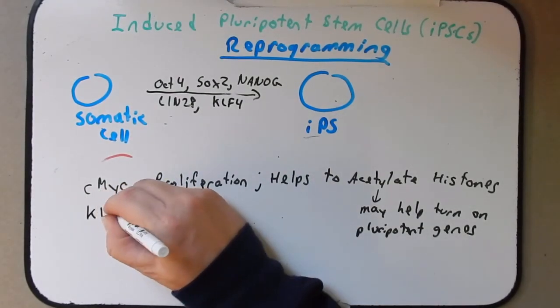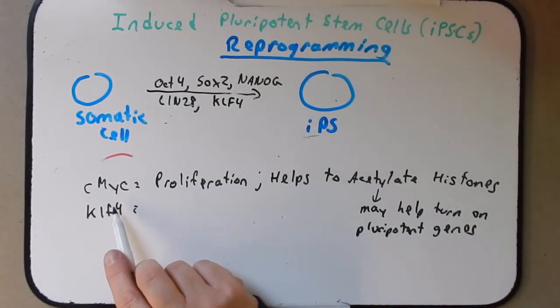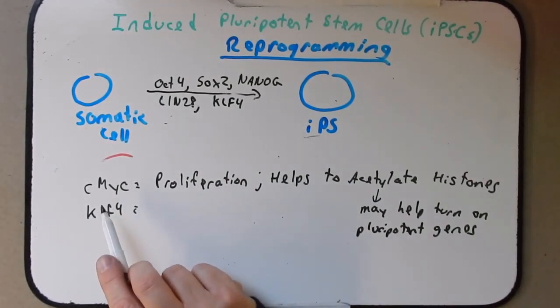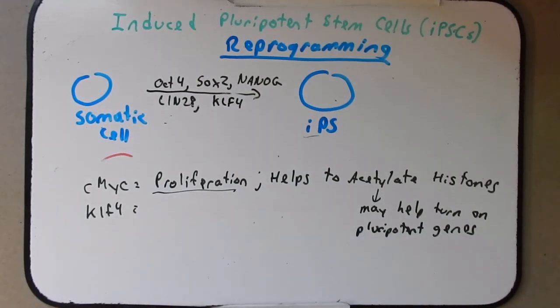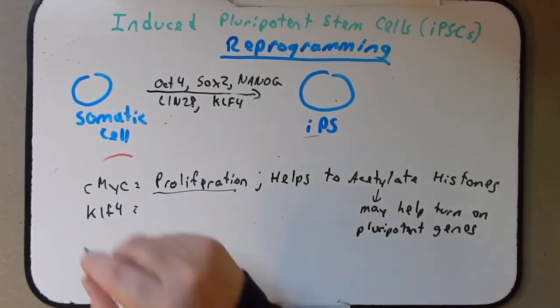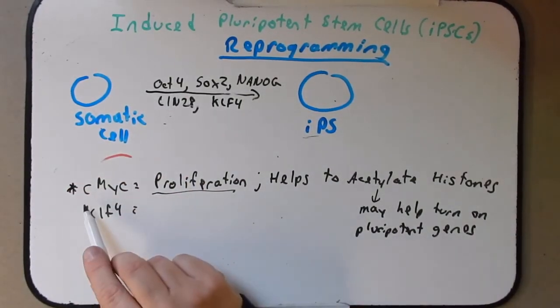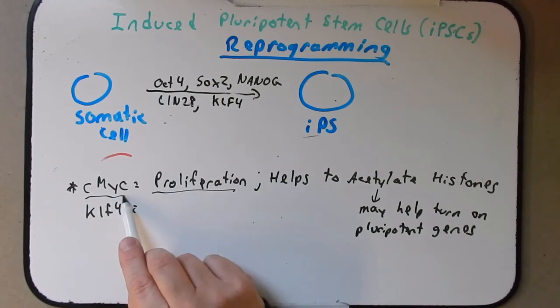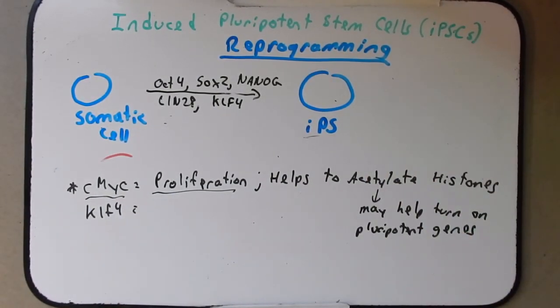Next, let's talk about KLF4. Oh, before I move on, c-Myc, I should also remind you, this is an oncogene, so it's not surprising that we see cell proliferation, but it is also a cautionary for us to think about the fact that c-Myc may be the reason that sometimes we see these iPS cells forming cancer cells.